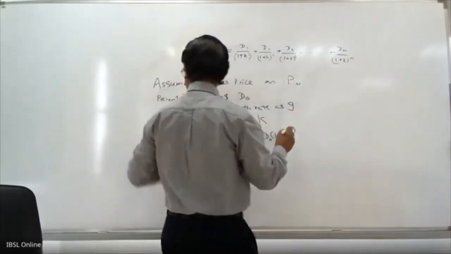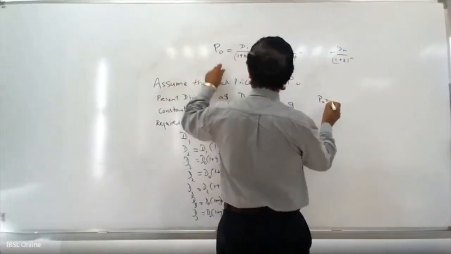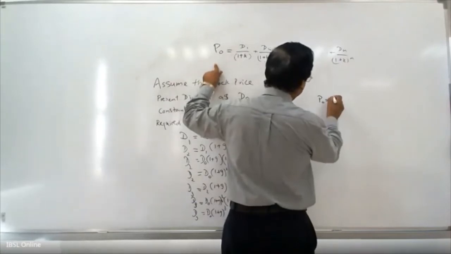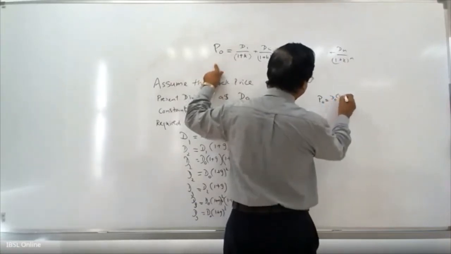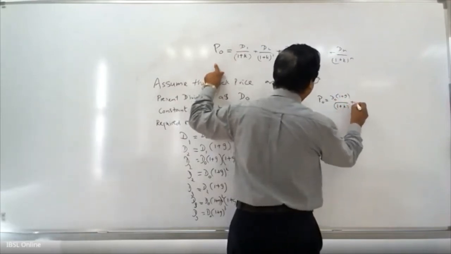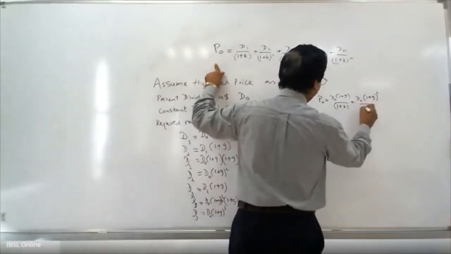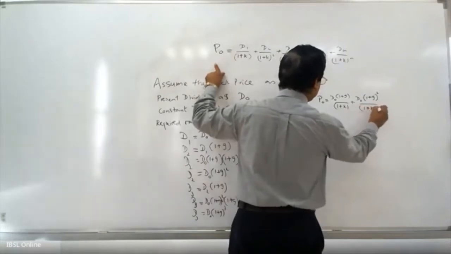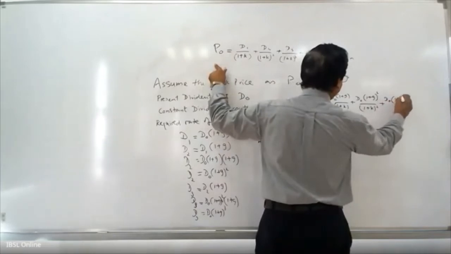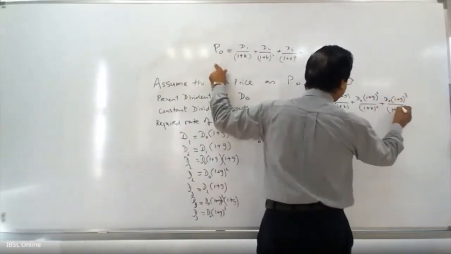So what I do here is, now P0 is equal to, in the place of D1 I can put D0 into 1 plus G divided by 1 plus K. Second one would be D0 into 1 plus G to the power 2 divided by 1 plus K to the power 2 plus D0 into 1 plus G to the power 3 divided by 1 plus K to the power 3.